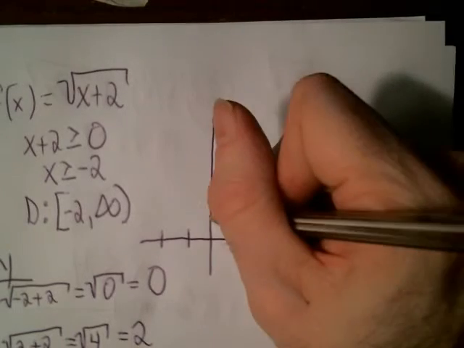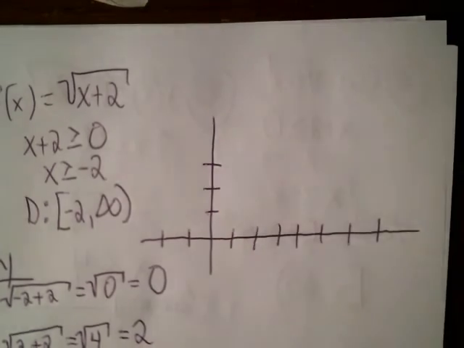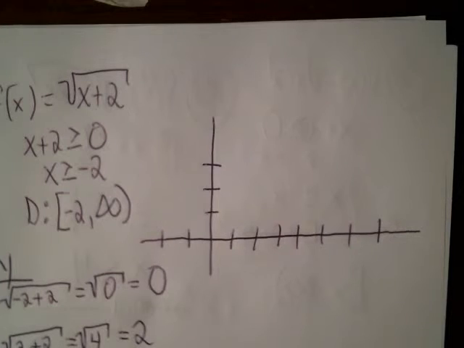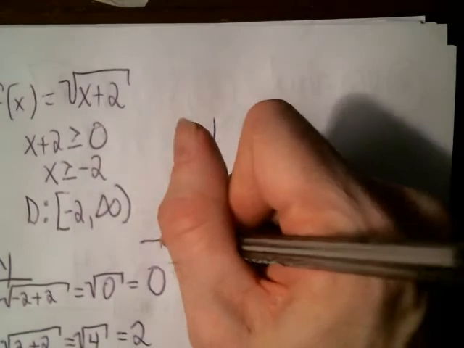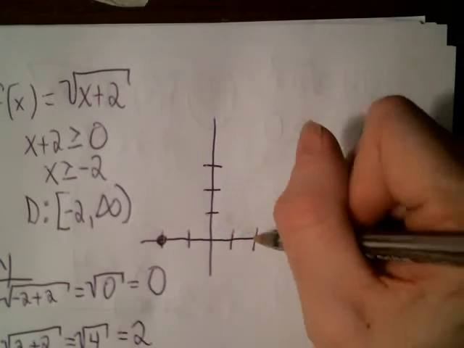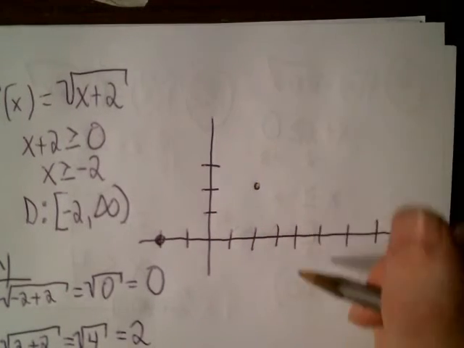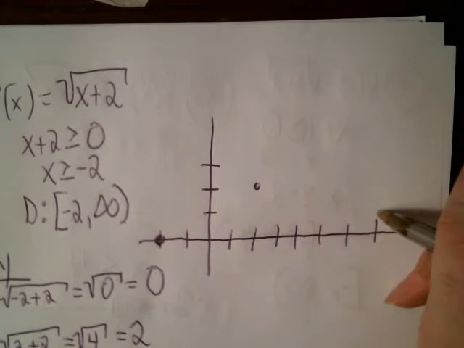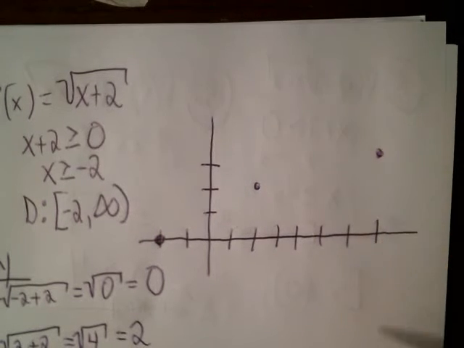I need to go up to 3: 1, 2, 3. So you'll have negative 2, 0, and then 1, 2, and then 7, 3. Okay, I think that's there.